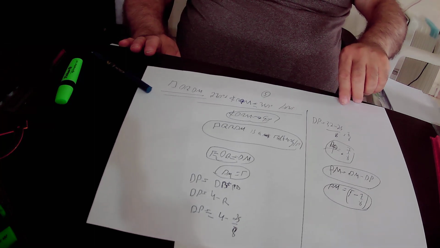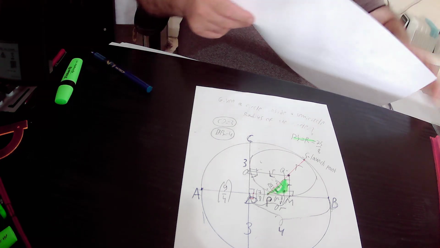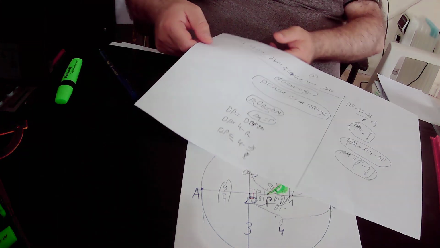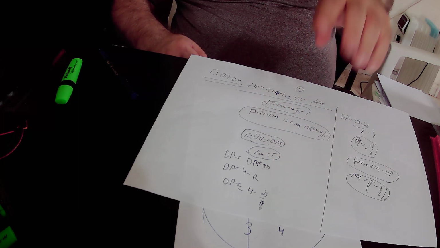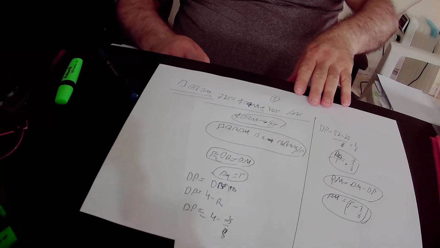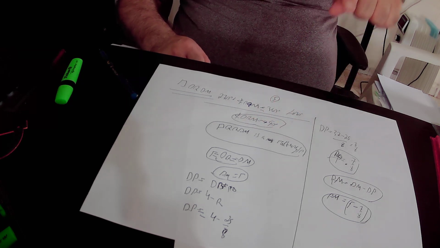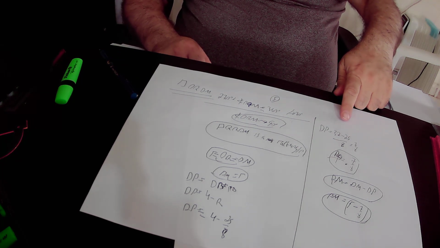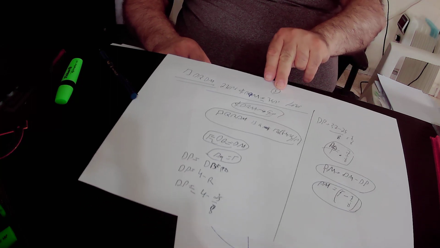Here, in order to have a common denominator with 25 over 8, we multiplied 4 by 8 and divided by 8, and we got that 4 times 8 is 32, so we have 32 minus 25 in the numerator, all divided by 8. 32 minus 25 is 7, and we have 7 eighths. So DP equals 7 eighths.